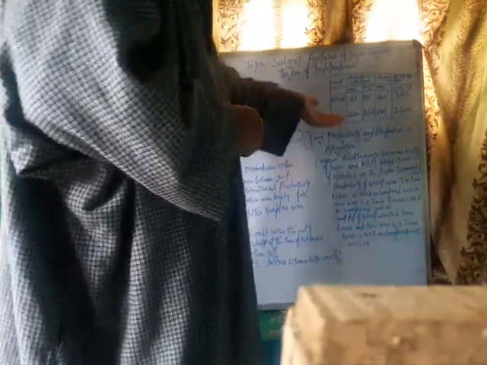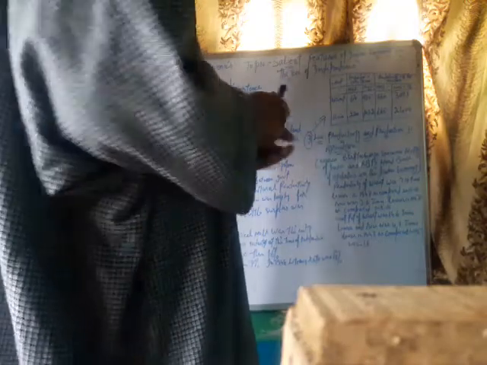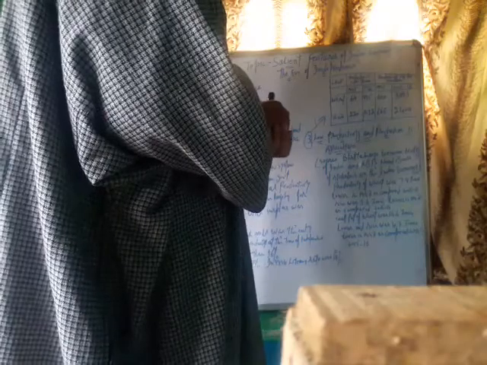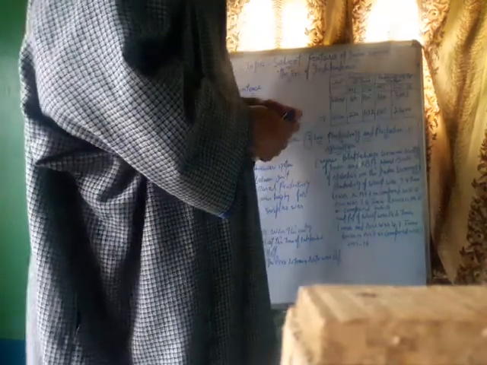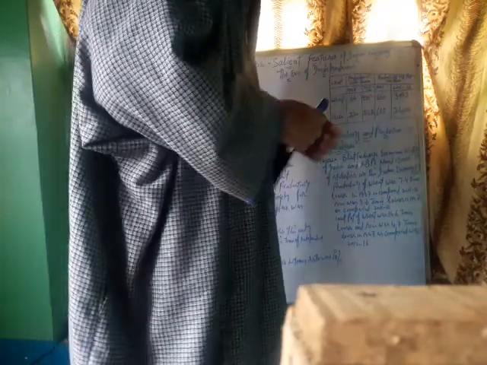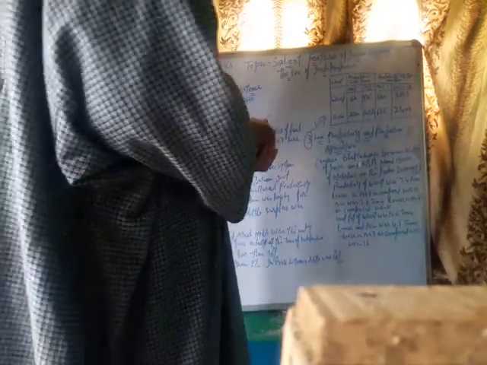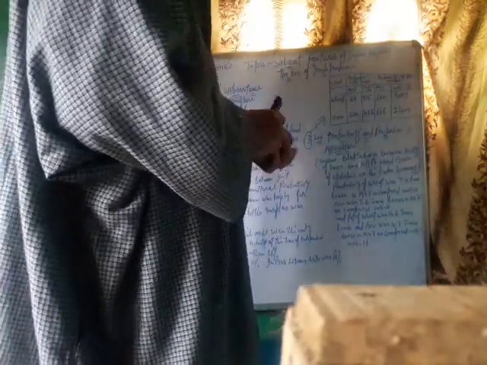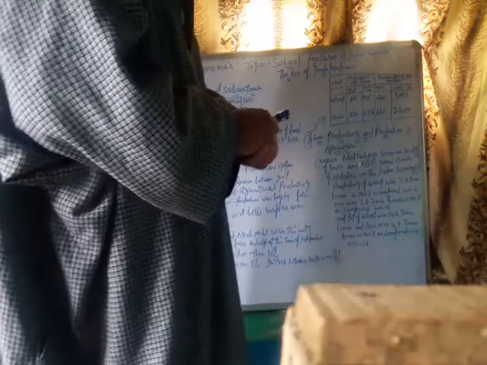Now let's come to rice productivity, kg per hectare. In 1947 rice productivity was 665 kg per hectare. In 2015-16 it is 2404 kg per hectare.